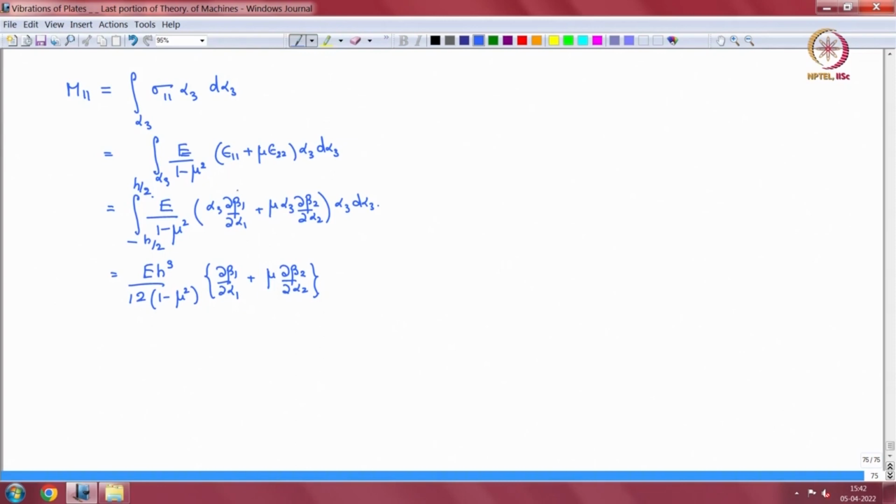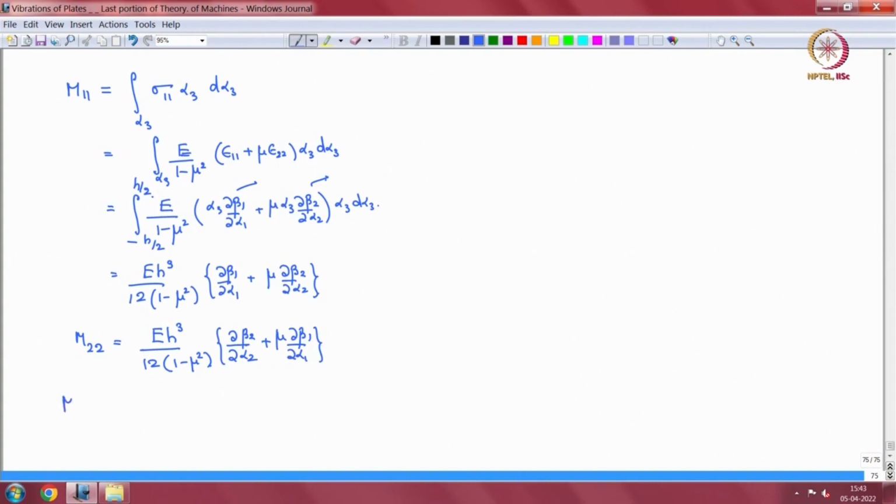We have still not defined beta 1 and beta 2, as the derivation in the textbook goes. Similarly, M22 is equal to E h cube by 12 into 1 minus mu squared, into del beta 2 by del alpha 2 plus mu del beta 1 by del alpha 1.